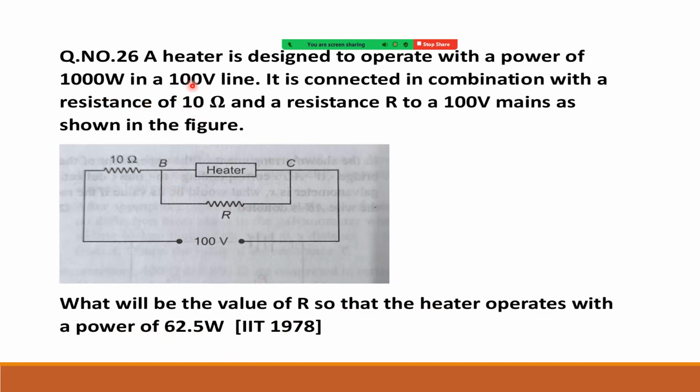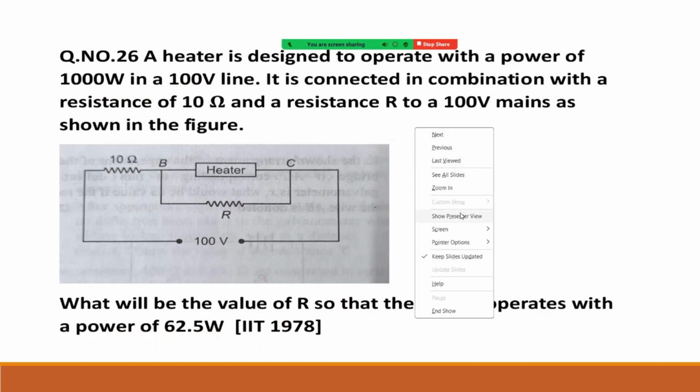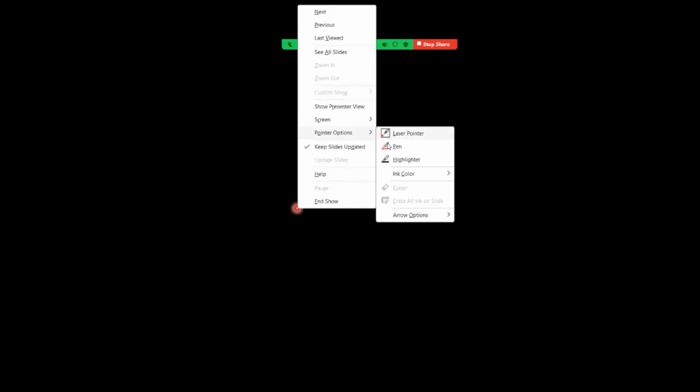Let us see once. Given 1000 at 100. This is 10, and R value we have to calculate so that it delivers 62.5. See how we are going to solve it. So first note down the given data, the circuit diagram.